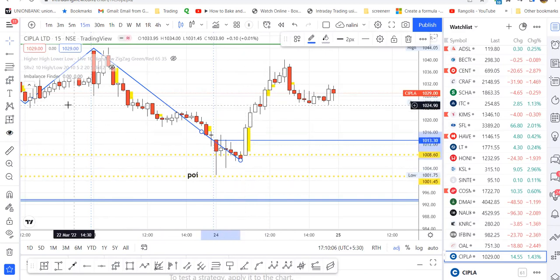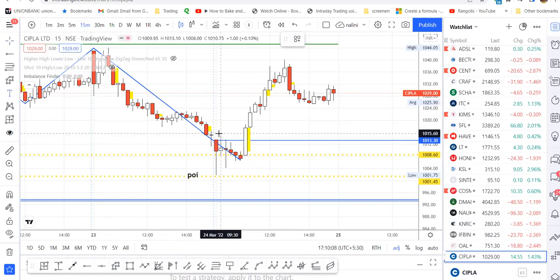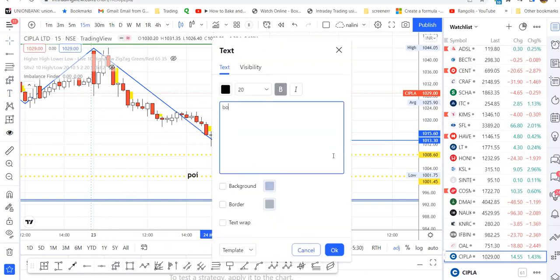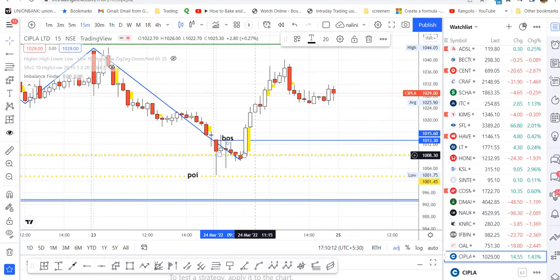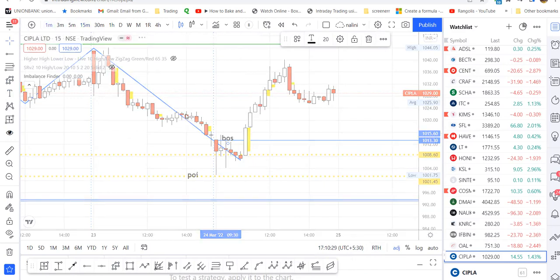This is the candle, BOS. So mark the break of the structure and take the trade. Buy on this. Or otherwise you can enter aggressively since you know the point of interest over here. Suppose if you go to the 1 hour time frame, you can enter early.